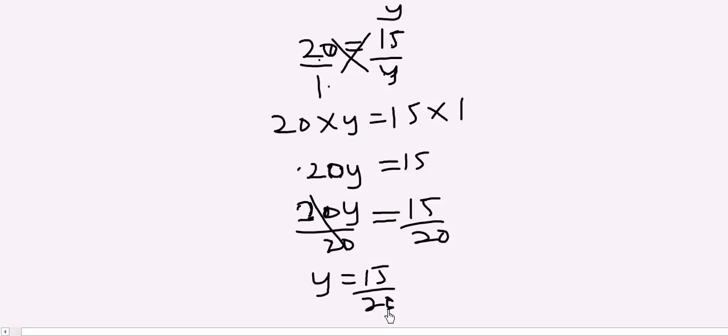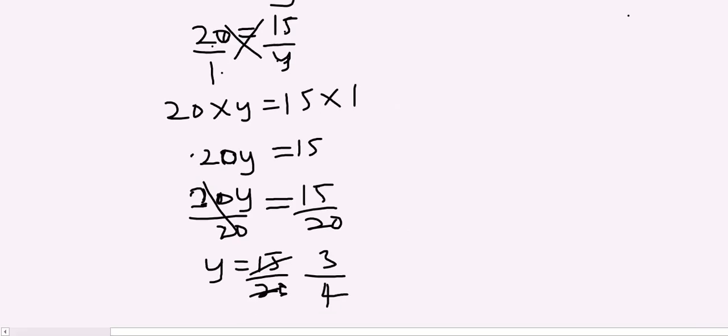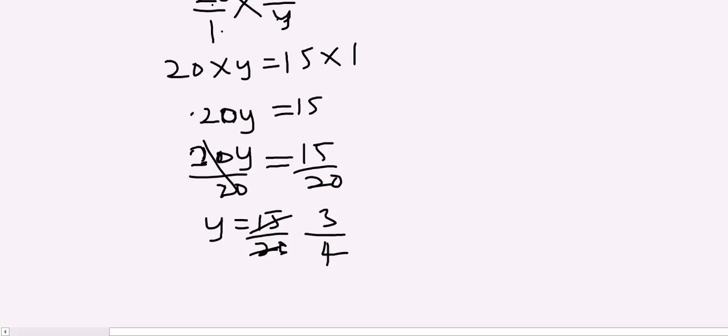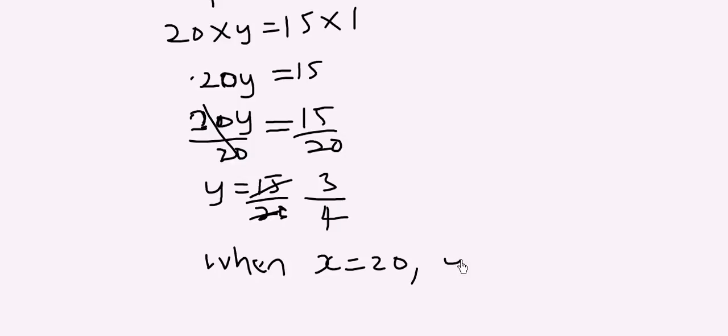So 5 into 20 is 4, and 5 into 15 is 3. So I have 3 over 4. So we can say when x is equal to 20, y is equal to 3 over 4.